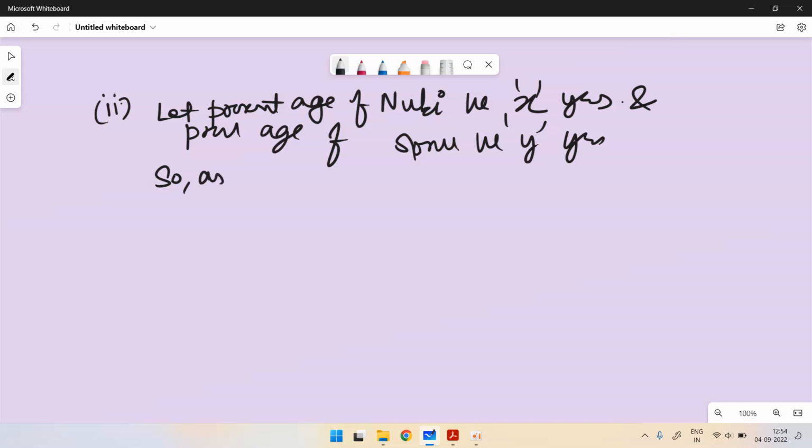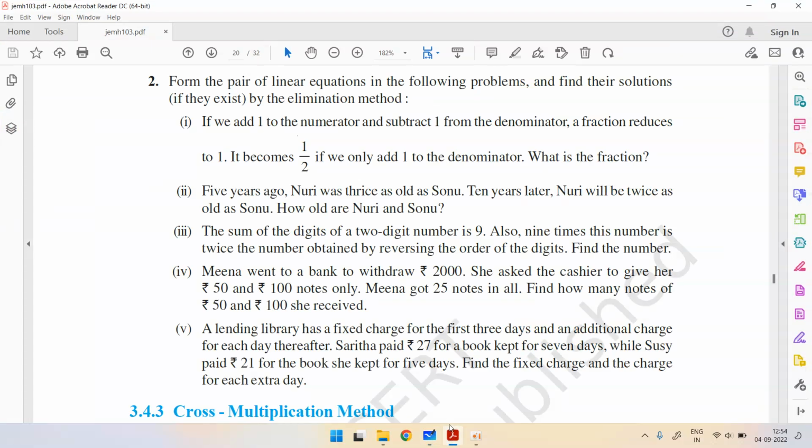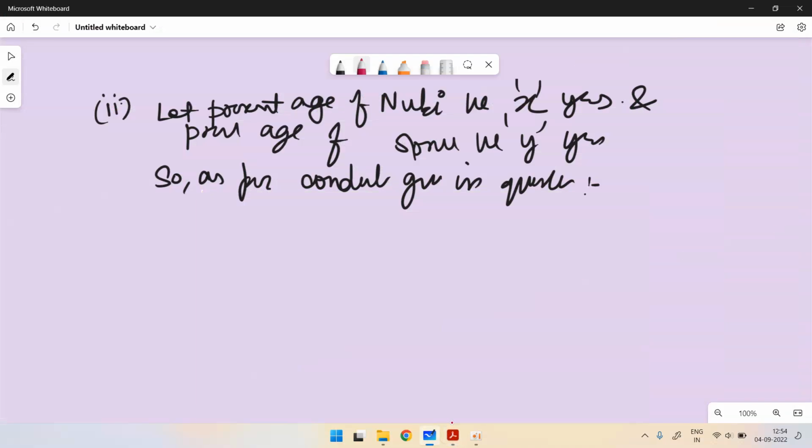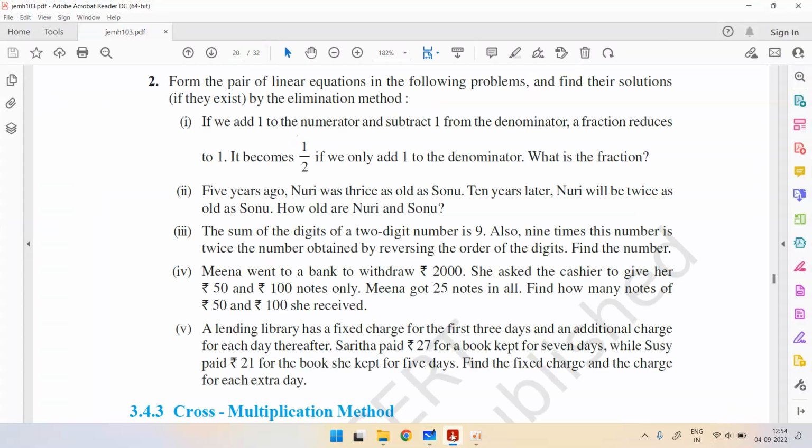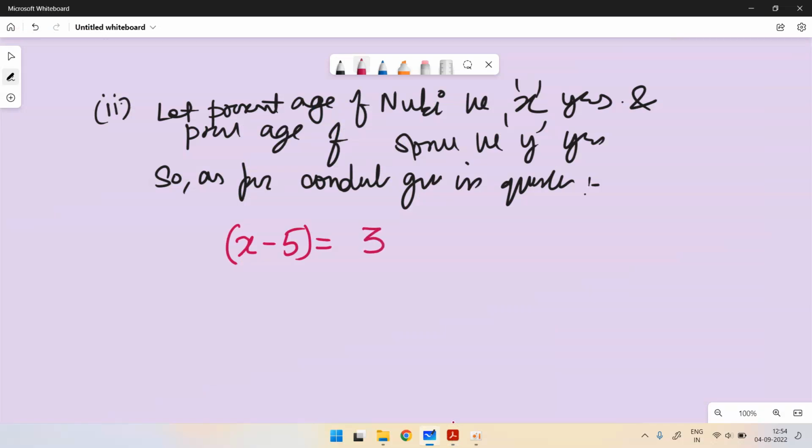So as per the condition given in the question, at first, 5 years ago Noori was thrice as old as Sonu. 5 years ago, Noori's age was x minus 5, and Sonu's age will be y minus 5, because 5 years ago both ages were 5 less than today's age.